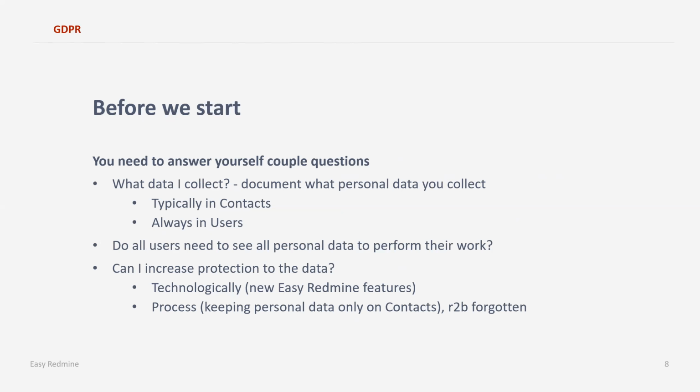What is really recommended is to pay attention to what data you have in contacts. A lot of the features which I will be showing you are related to contacts, as contacts were chosen as the entity in which we increase functionality, covering features like the right to be forgotten, etc. And don't forget about users.